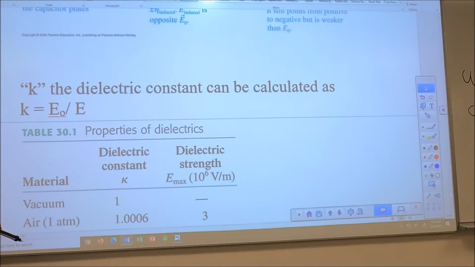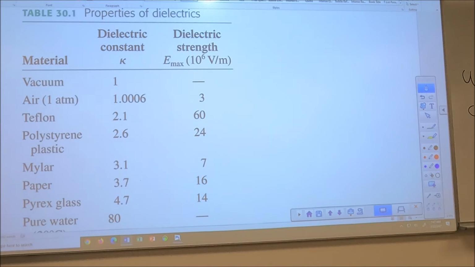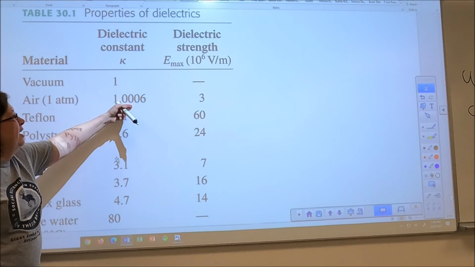K for the dielectric is the dielectric constant. It's the electric field if there was no dielectric divided by the electric field when the dielectric is present. Vacuum has a dielectric constant of 1. It doesn't do anything. Air is pretty close to 1.